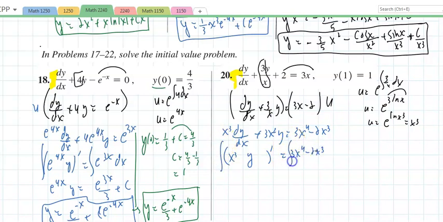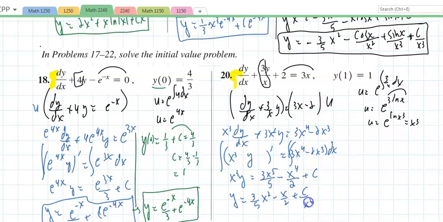and if you integrate with respect to x, this will be x cubed y equaling 3x to the fifth over 5 minus 2x to the fourth over 4 reduced plus c, and y would equal 3/5 x squared minus x over 2 plus c over x cubed.